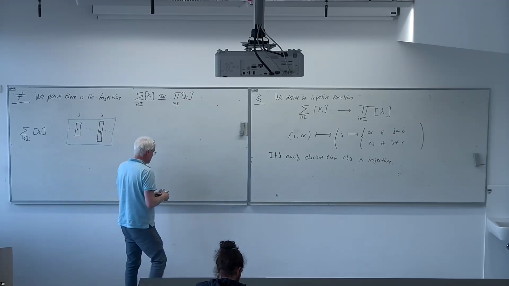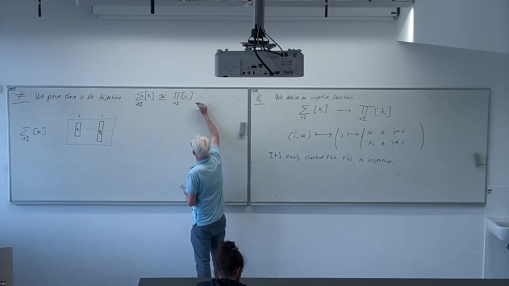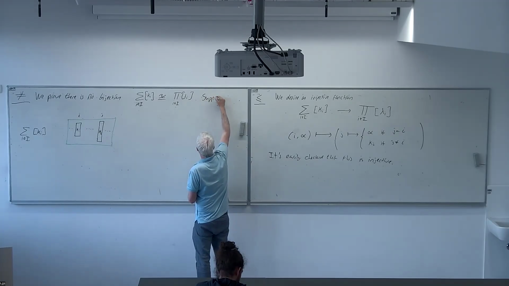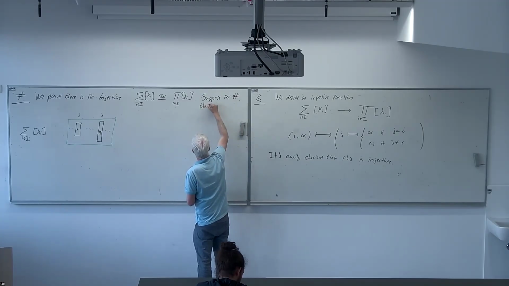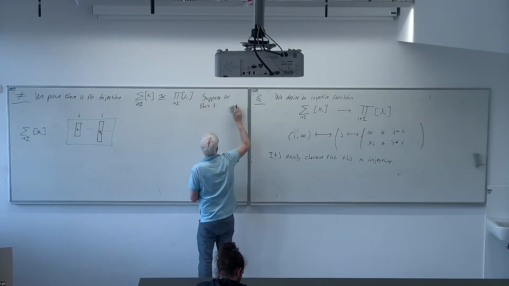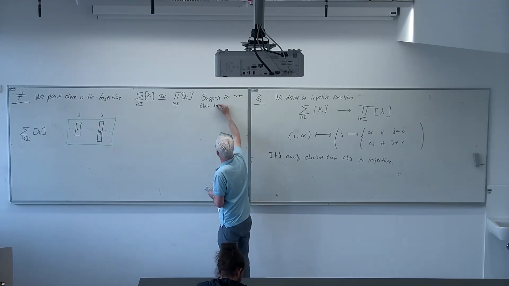So what we're doing is, suppose for contradiction that such a bijection exists.